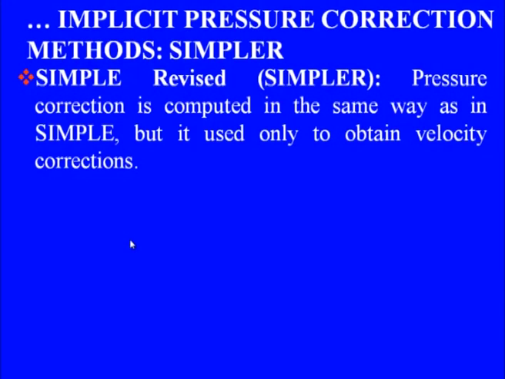In fact, SIMPLER is a shortened form of SIMPLE Revised, which was proposed by Patankar. So, SIMPLE Revised, and the acronym became SIMPLER. Now, Patankar's contention was, let us do the computation for pressure correction in the same way as we did in SIMPLE, but this pressure correction is used only to obtain the velocity corrections.